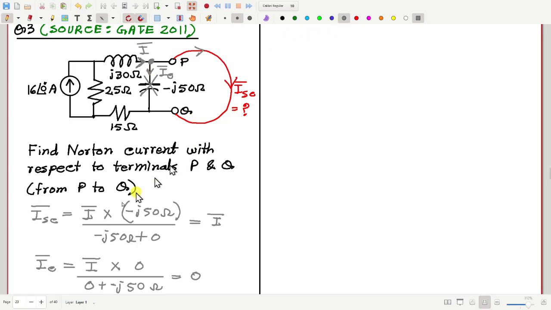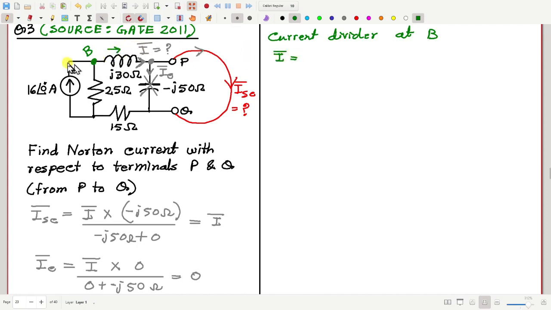Now we have to find out the value of I or ISC. Both are same. To do that, let me consider this point, call this point B. Let me apply the current divider rule at B. Then how much will be this current I?